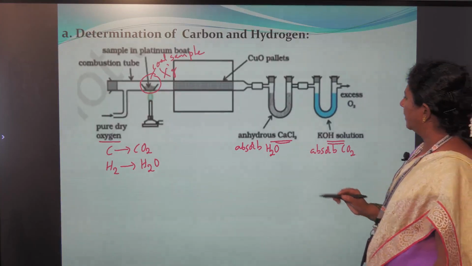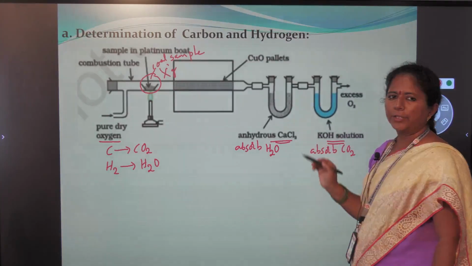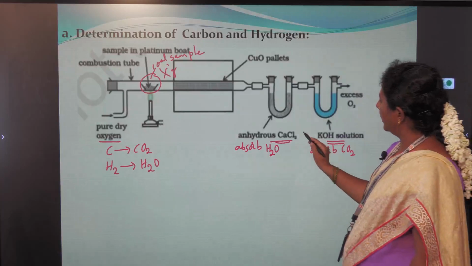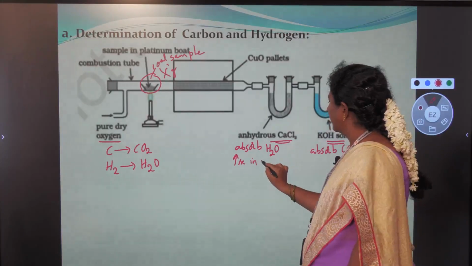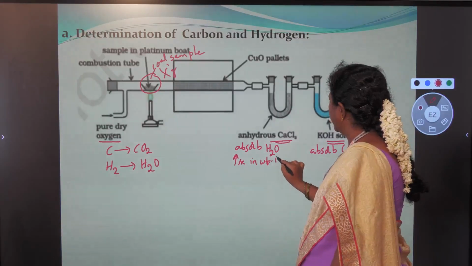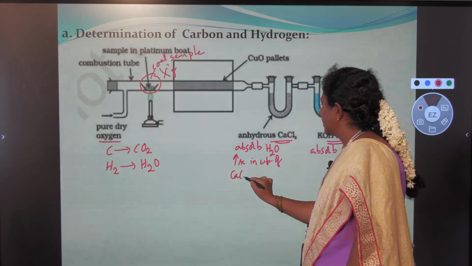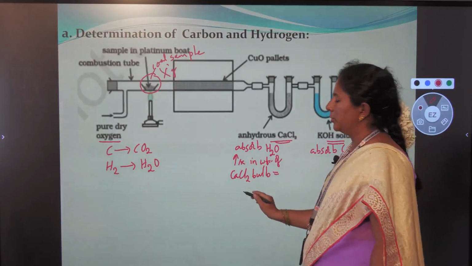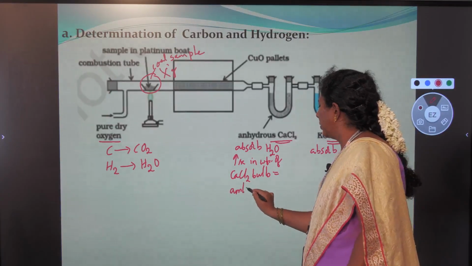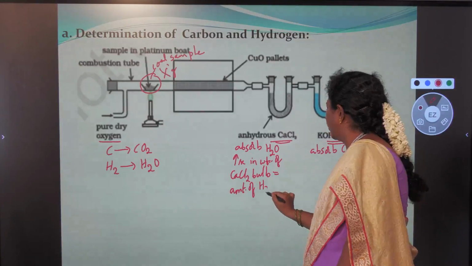Later we will determine the weights. The increase in weight of calcium chloride bulb will be equal to the amount of H2O formed.